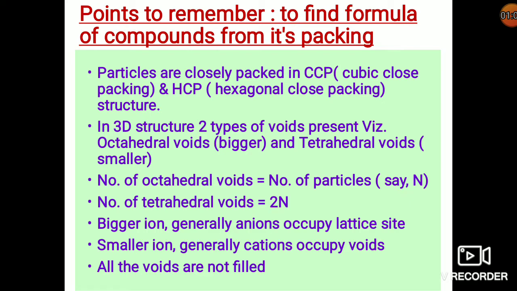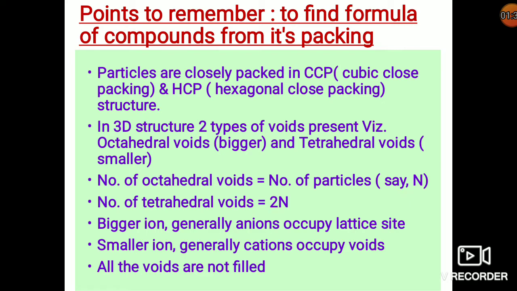One is the octahedral void, which is bigger in size, and another is the tetrahedral void, which is smaller than the octahedral void. You have to remember one more thing: in an octahedral void the empty space is formed between 6 particles, and in a tetrahedral void it is captured between 4 particles.